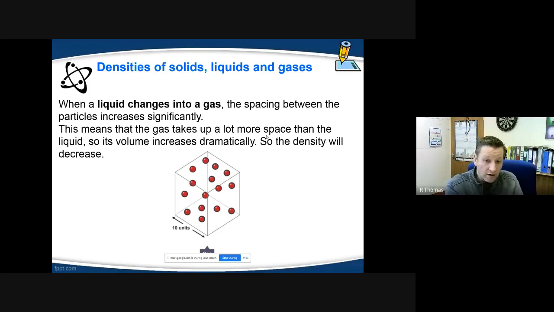And look how few particles are in that box. It's 10 times the size of the original one. So that means there's a heck of a lot more volume, but a lot less mass. So the density decreases significantly, okay? So more volume, less mass, means the density decreases significantly when you go from a liquid to a gas. And it's because there's less molecules, much more spread out.